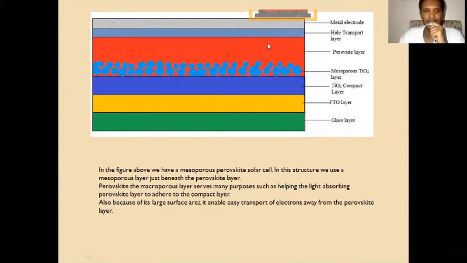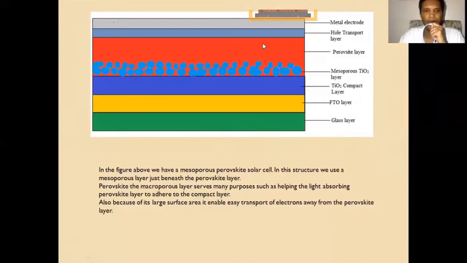So the purpose of this TiO2 compact layer, which is the center of our research, is the following. It provides good adhesion between the absorber layer, which is the perovskite layer, and the FTO layer, which is our transparent conductive layer. It acts as a hole blocking layer.